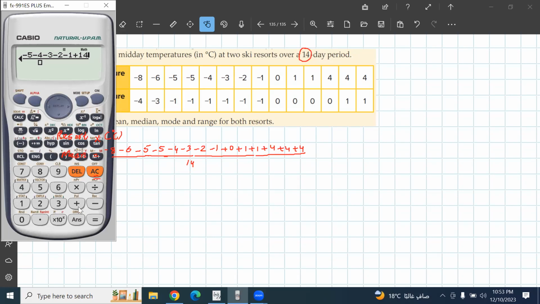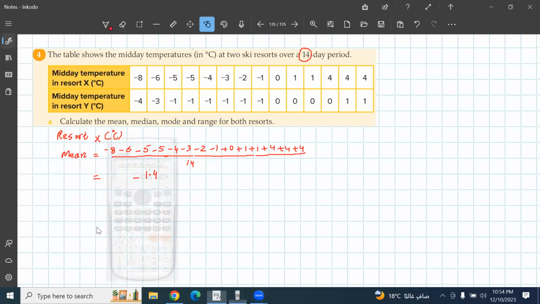So straight away you can write 14 and divide by 14, which is equal to -1.42. I will write two significant figures, so it is -1.4. I hope it is understandable.